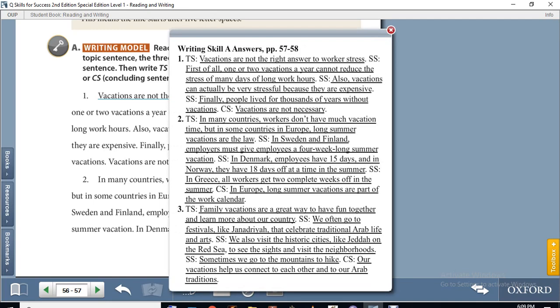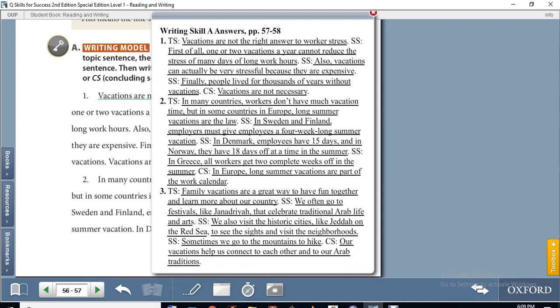Here, in the first paragraph, the first sentence, "Vacations are not the right answer to worker stress," is TS, the topic sentence. The next sentence is SS, supporting sentence. "First of all, 1 or 2 vacations a year cannot reduce the stress of many days of long work hours."